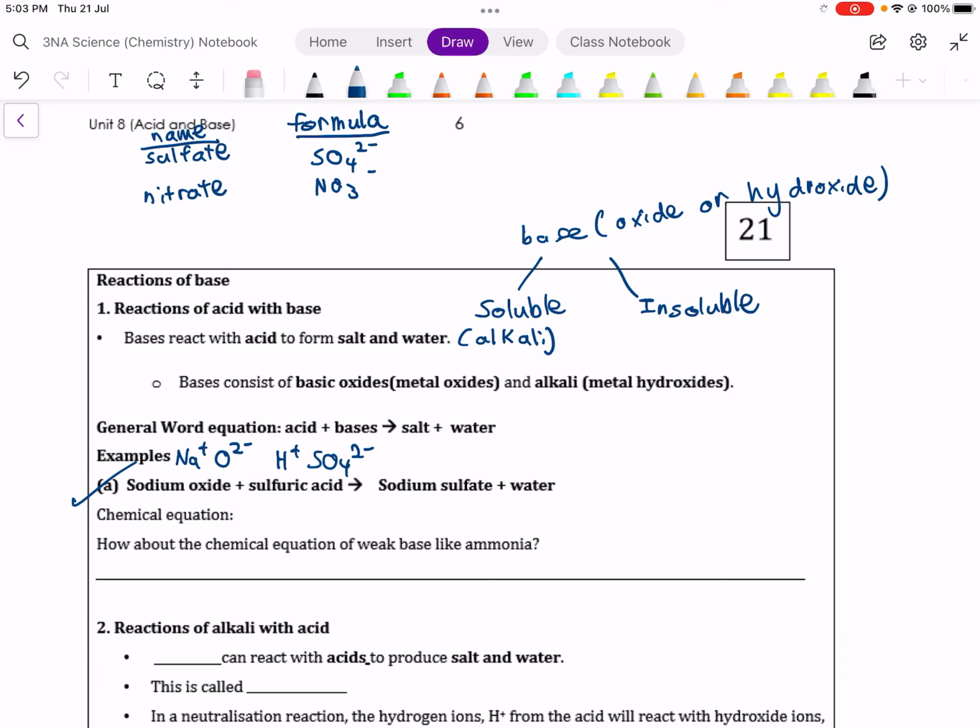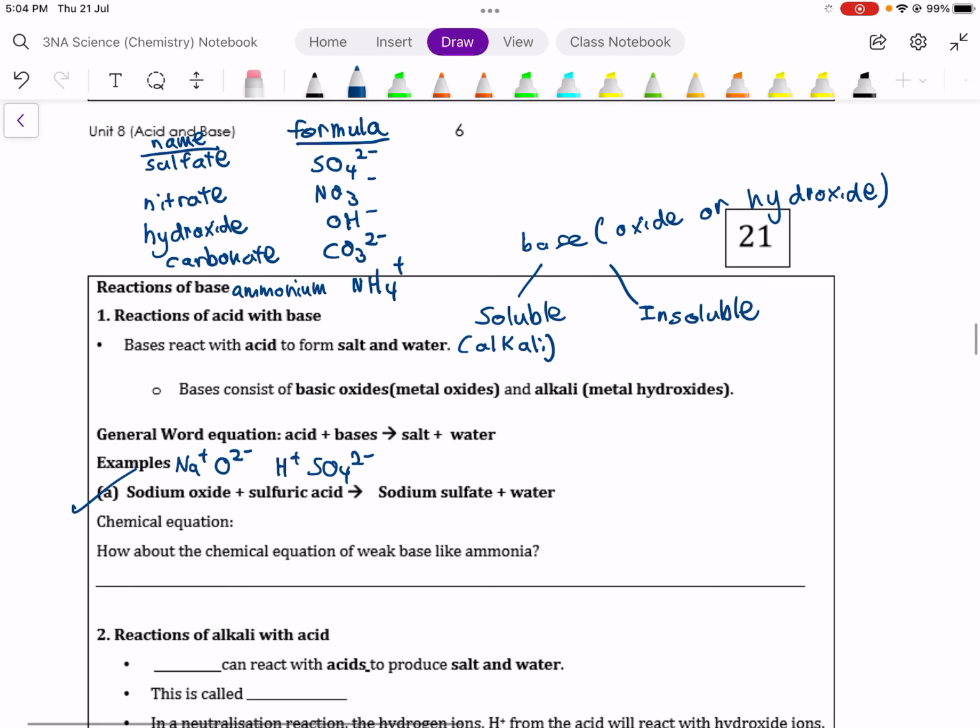Hydroxide, OH-. Then carbonate, like what you see in acid carbonate, is CO3 2-. And lastly ammonium, NH4+, the only positive ion from this list.